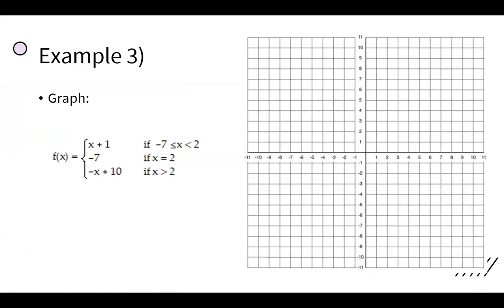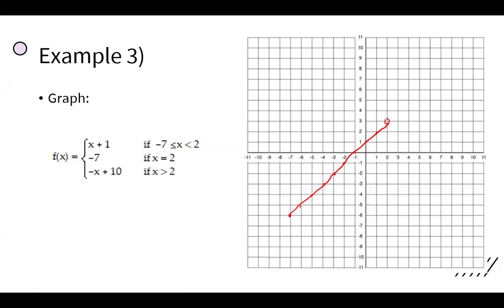So we were at -7. Was it -7, 6, right? There's a little hole there. So here's my first interval, then I'm going to do my next one. That was the blue dot. And it was at 2, -7.